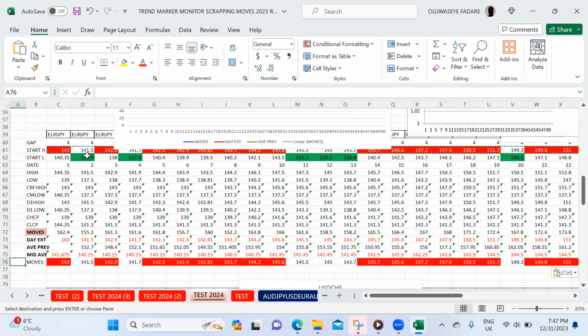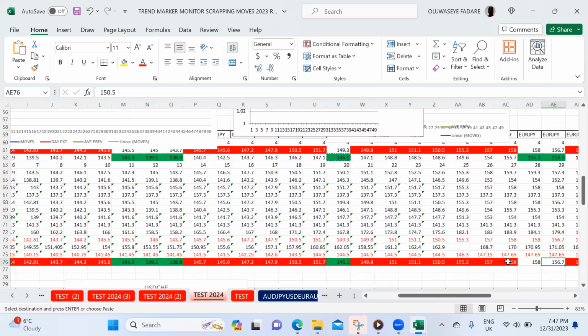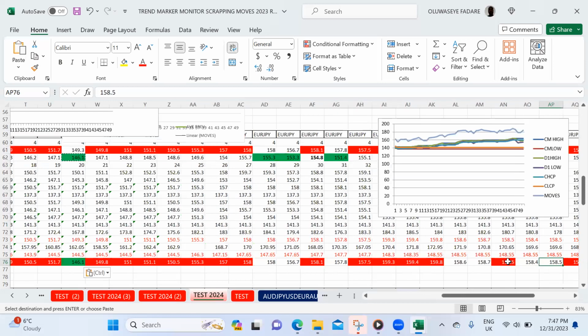I colored all the reds, I copied all the reds, and then I copied all the greens as well to fill in the white positions, and we follow the trend to the end.